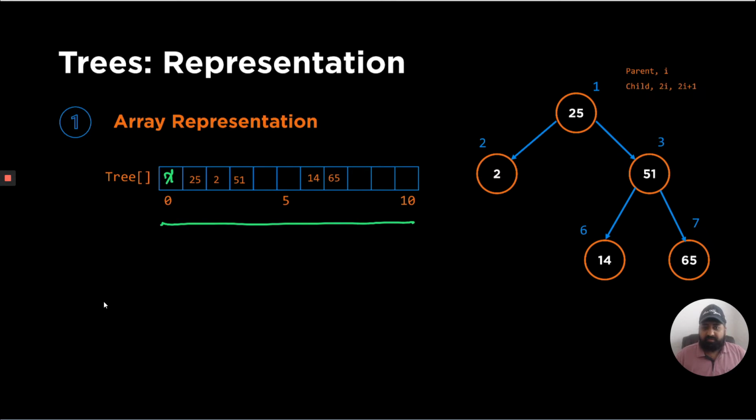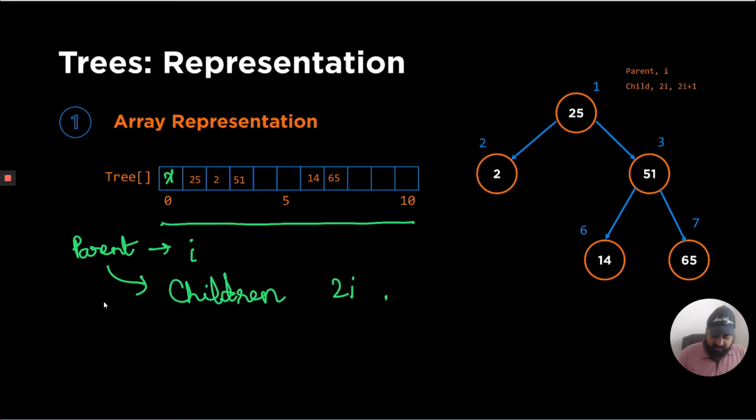Usually we store the indices in this form: if we have an index i that denotes a parent node, then its children are denoted by indices 2i and 2i plus 1. Let's say 25 is at index 1.